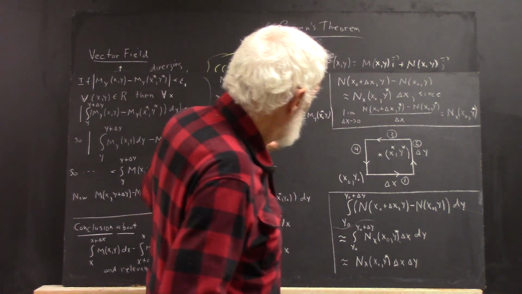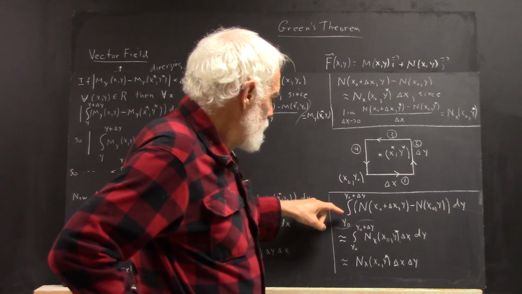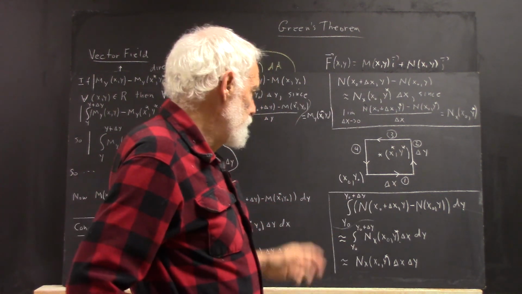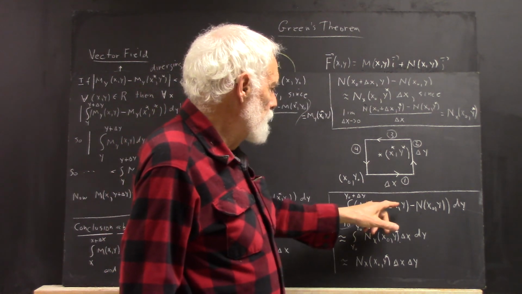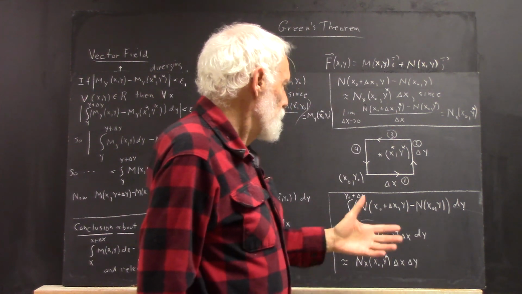Okay, well, I come down here, and I then write the integral from y naught to y naught plus delta y of n of x naught plus delta x, y minus n of x naught, y. Now what's that?